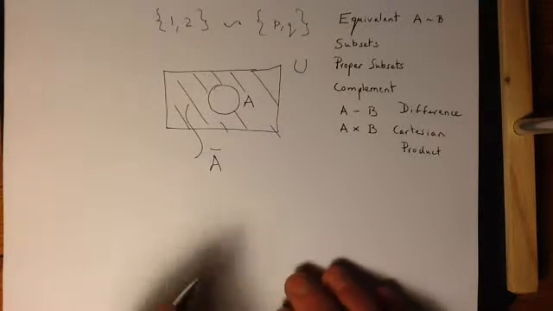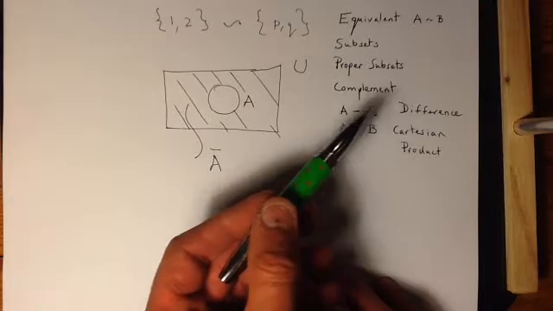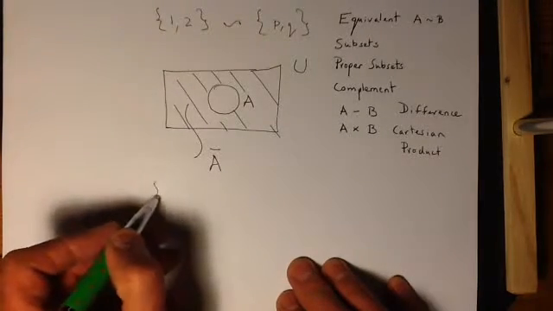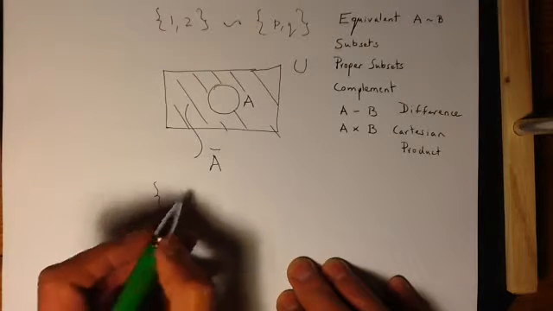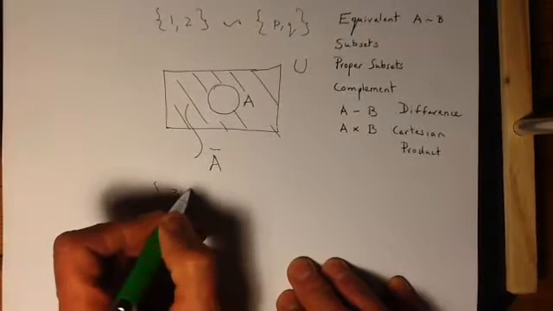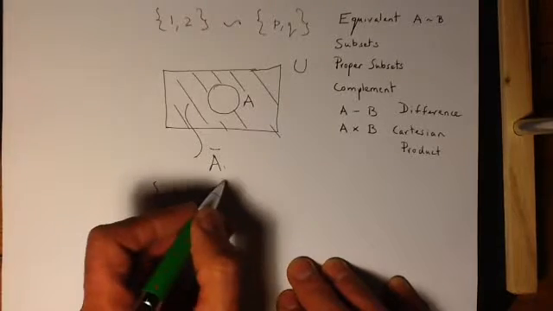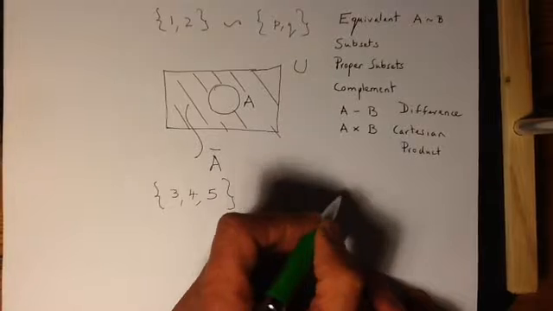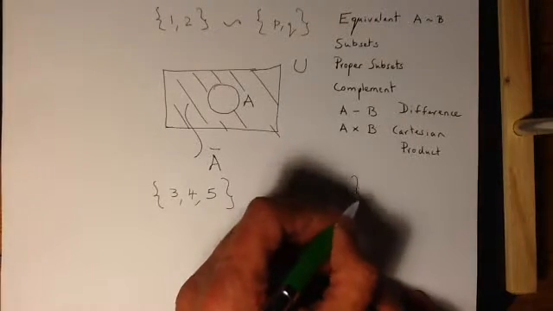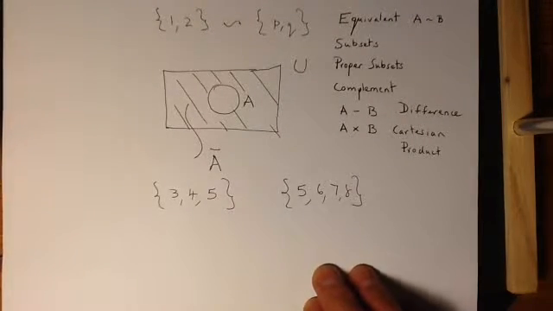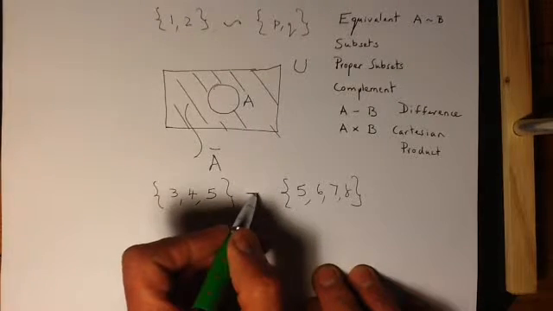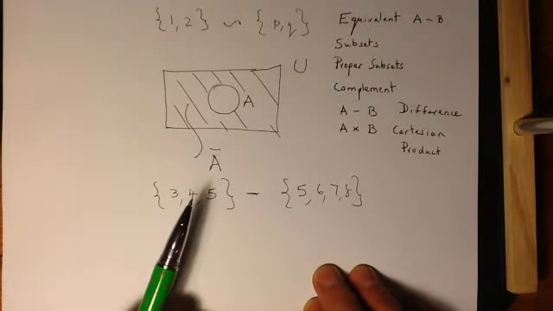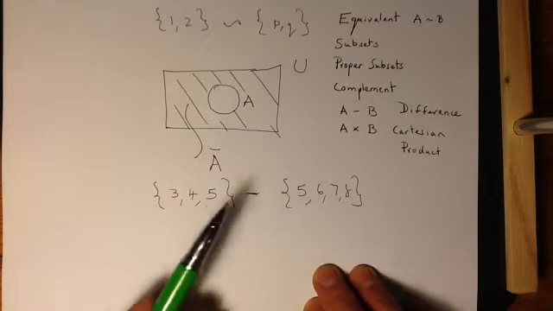Okay, these two last things. The difference. If you've got the set 3, 4, 5 and the set 5, 6, 7, 8, then if you want the difference between these two sets, it's everything that's in this one which is not in that one.